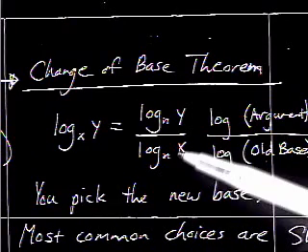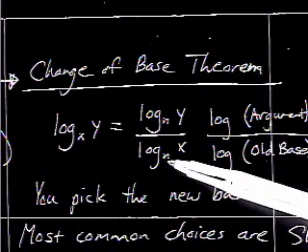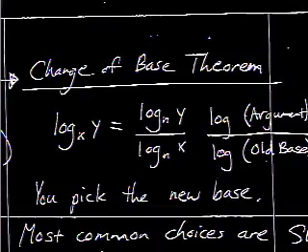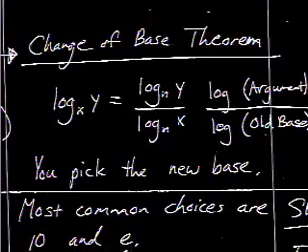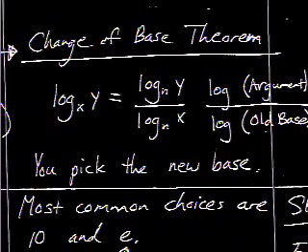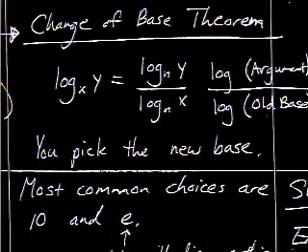And according to this theorem, you get to pick whatever base you want. You pick the new base, and we will most commonly be referring to base 10 or base E.